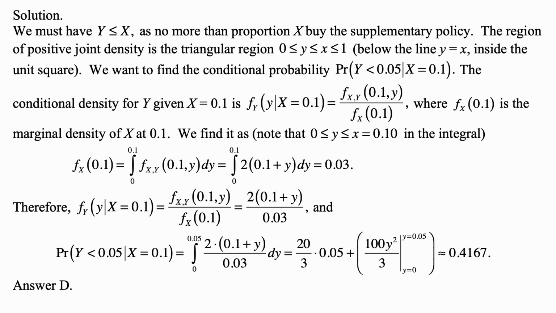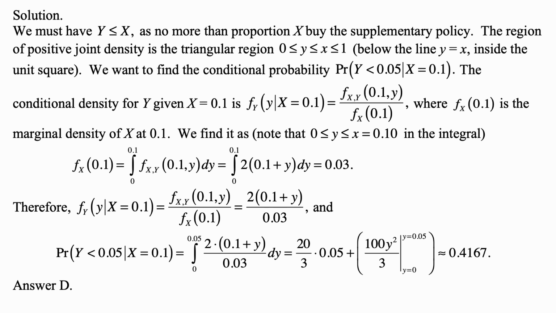And therefore f sub Y of y given that X is equal to 0.1 is f sub XY of (0.1, y) over f sub X of 0.1, and the numerator is 2 times (x plus y), but x is 0.1, so 2 times (0.1 plus y) over 0.03.